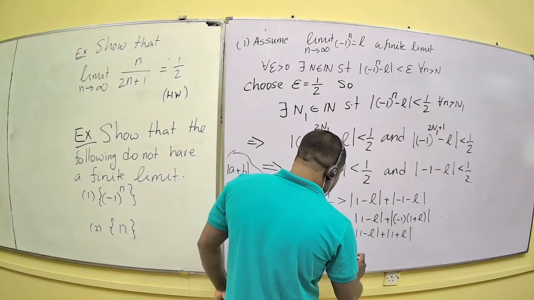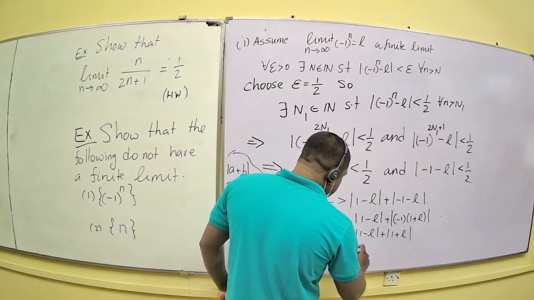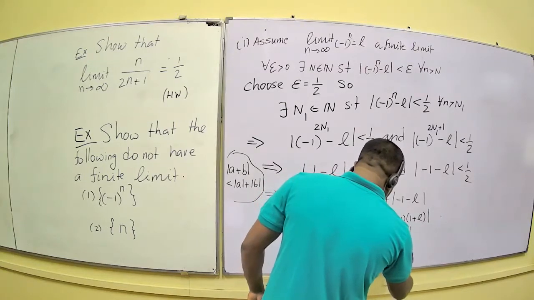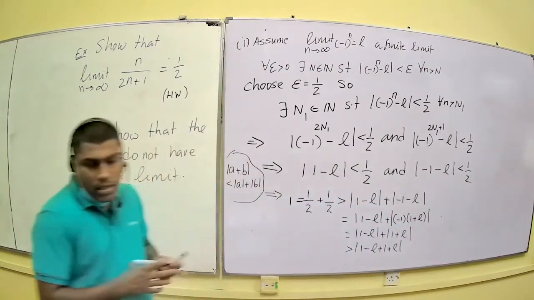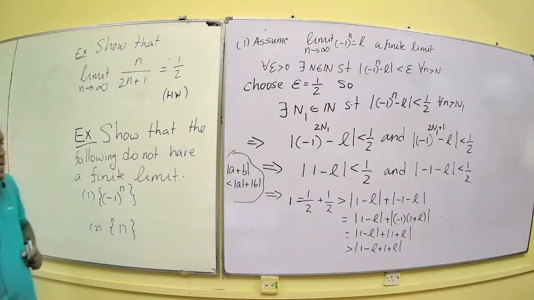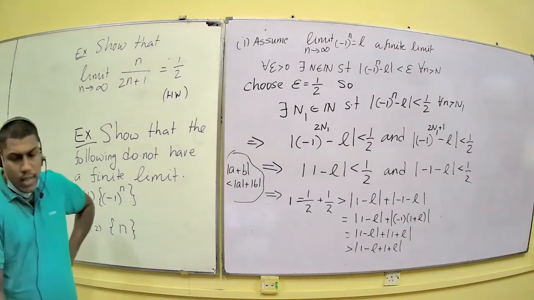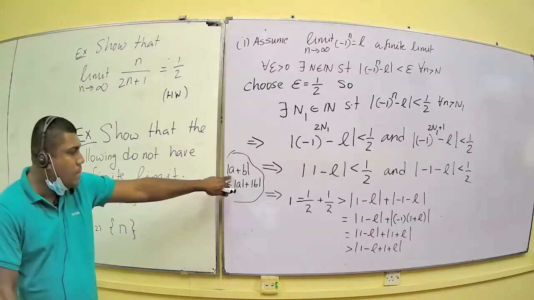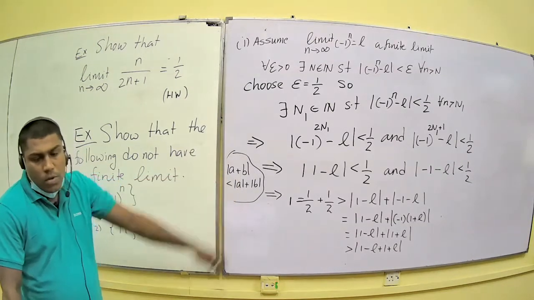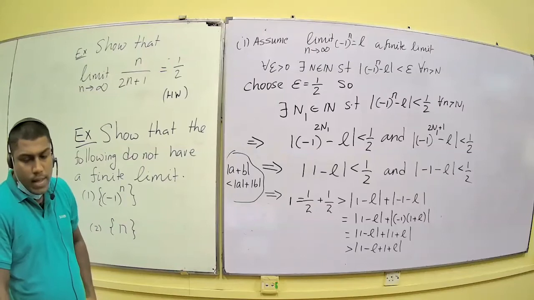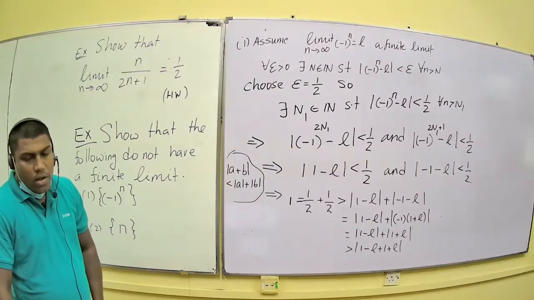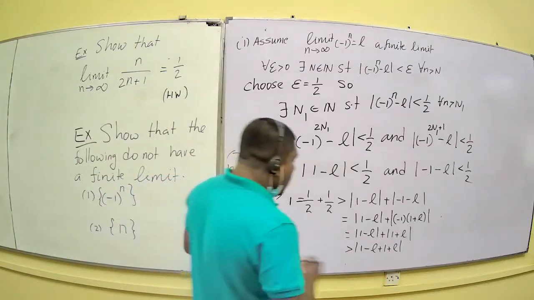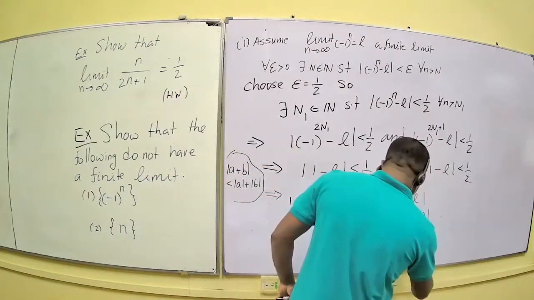This is bigger than or equal to |(1 - L) + (1 + L)|. When you add them, it becomes smaller because |A + B| is at most |A| + |B|. That is the logic you are using. So this is basically equal to 2.